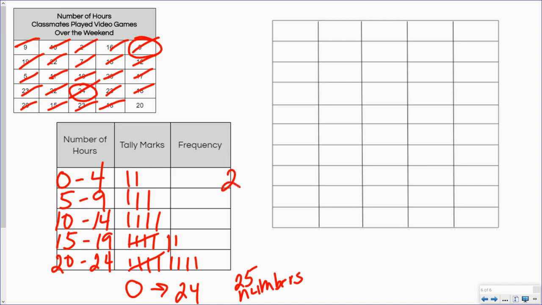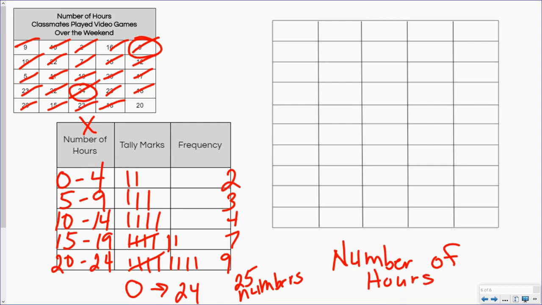So now if I go through and count up my frequencies or my tally marks, here I have 2, here I have 3, 4, here I have 7, and here I have 9. Now I need to make my histogram. So on the x-axis, I'm going to list number of hours.